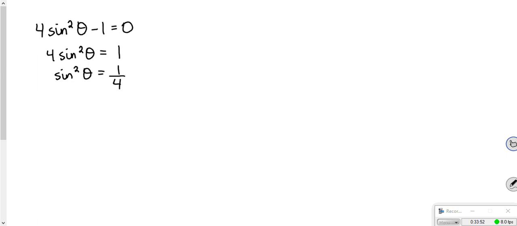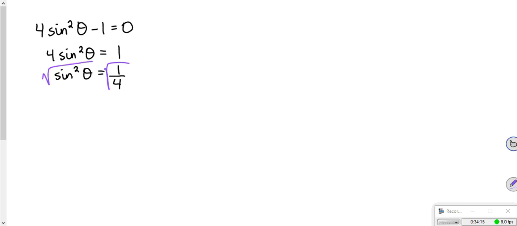Well, I just need sine, I don't need sine squared. And I can't really substitute the sine squared with any formula because I'm still going to end up with a square of some kind. So how do I get rid of a perfect square? I square root. But when I do that, I have to be careful of plus and minus.